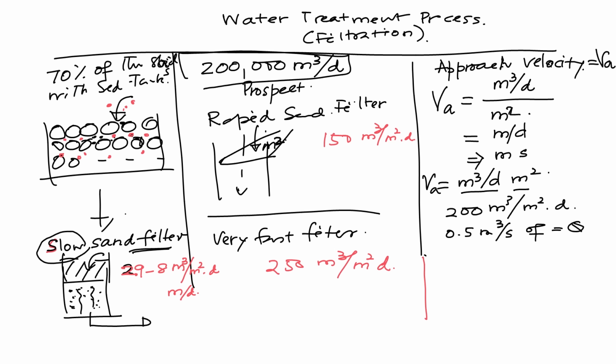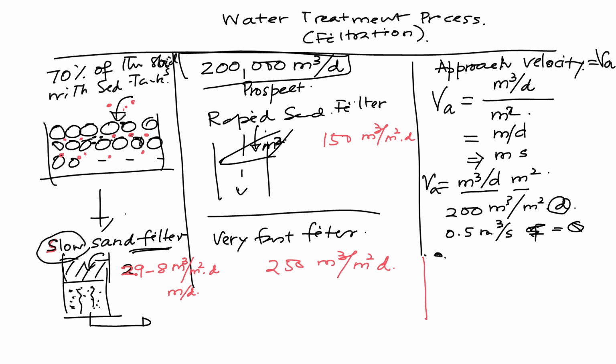So my Q is going to be 0.5 cubic meter per second. We have to do the unit conversion to cubic meter per day, because the loading rate is in cubic meter per day. Therefore, I have to convert this from per second to per day.